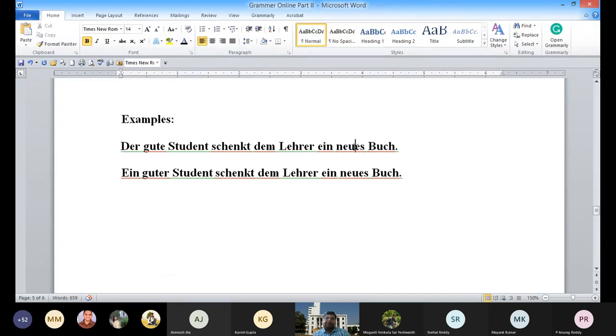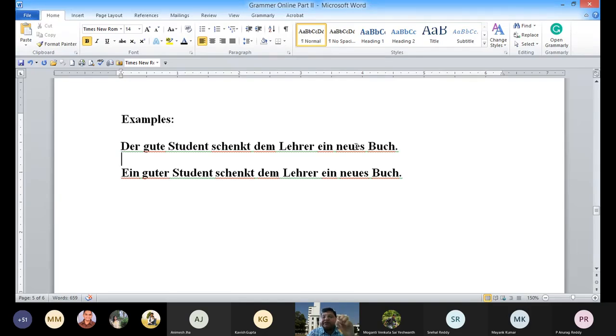This is the original form, but it has become neues. Why is this es coming? Two things. One is that this is an indefinite article, accusative, neuter gender, singular. So neuter singular has the es ending. So here you are using es. This is the way we put the adjective endings before a noun.